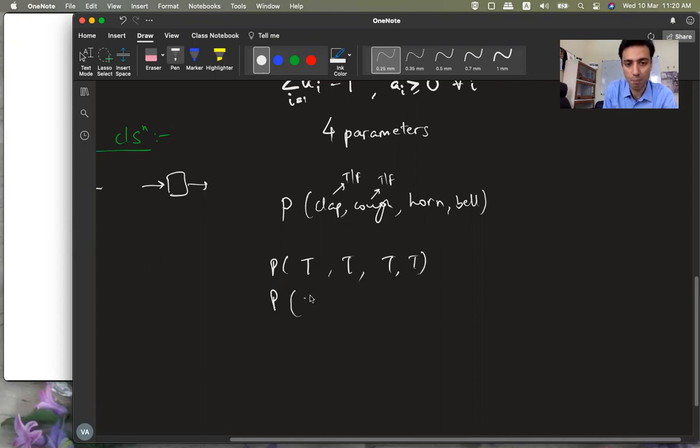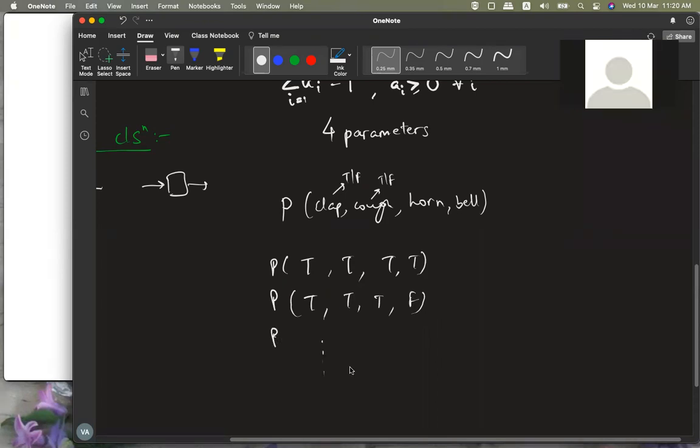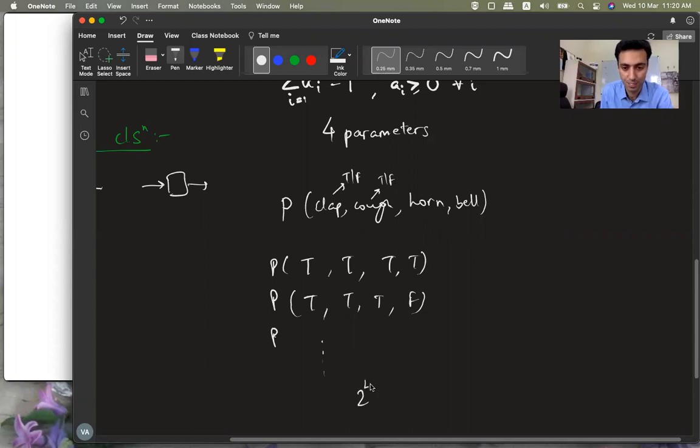Probability of clap is true, cuff is true, horn is true, bell is false. Like that, you can keep writing. How many cases will be there? 16. Yes, 2 to the power 4 equal to 16 cases.